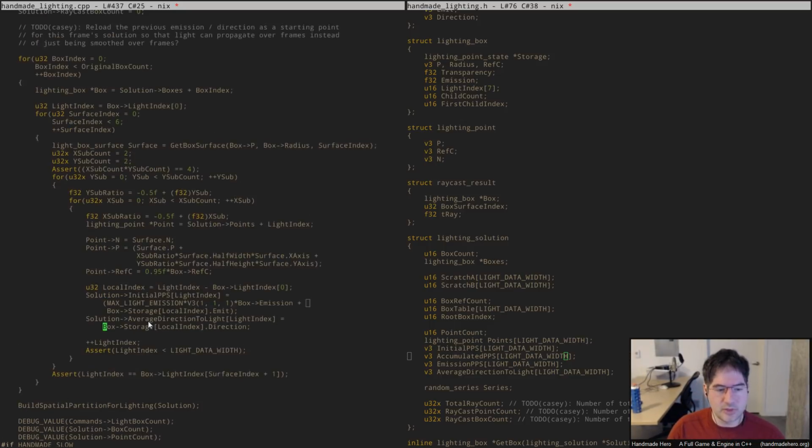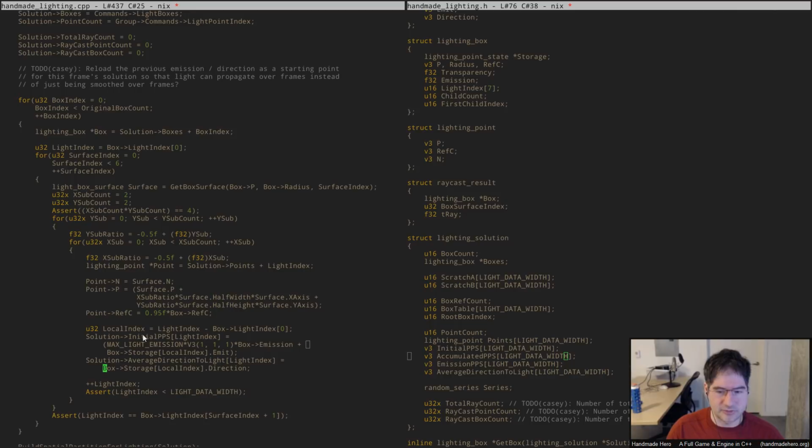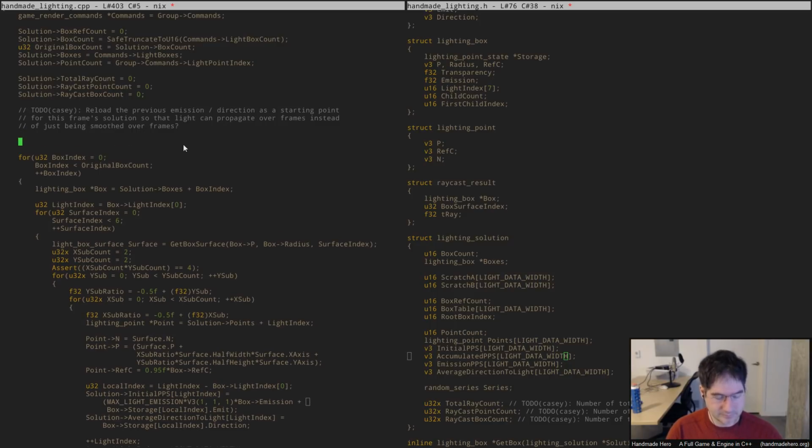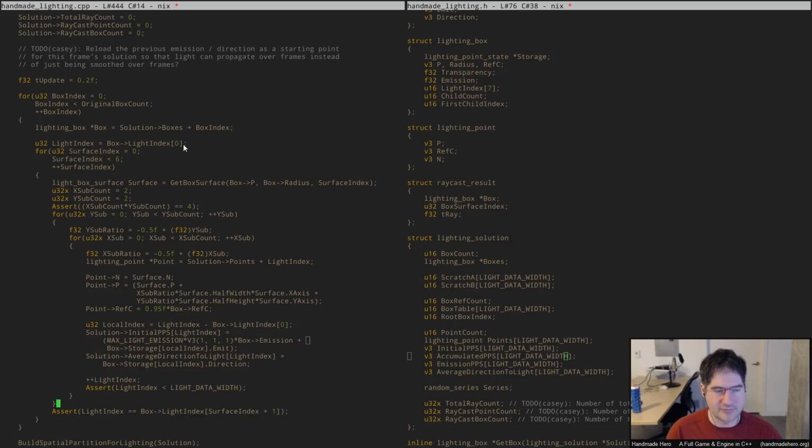So the other thing that we want to do is have a stable update coefficient here, right? So we want something that effectively says, all right, what is our update per frame, or what is our update rate? So our update blend coefficient here, let's suppose it's going to be something like 0.2f, so it takes 5 frames before we update our lighting or something like that.